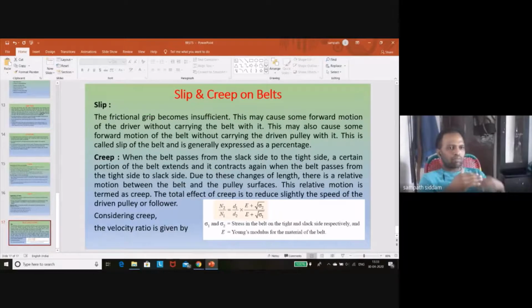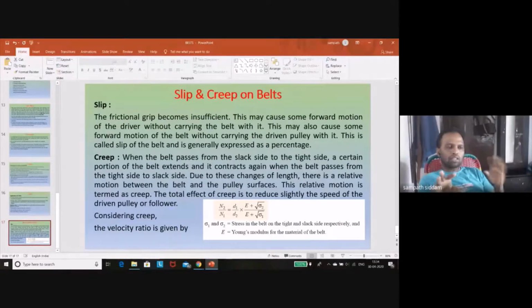You can observe this in machines nearby your homes also, generally the Girni machines, where you have belts fixed like open belt and cross belt.